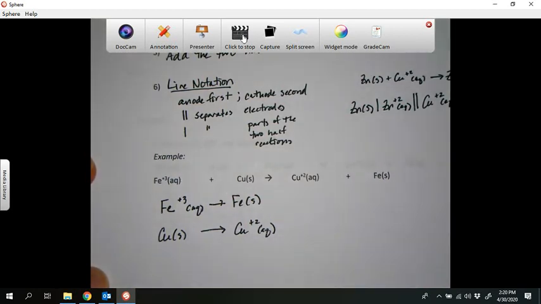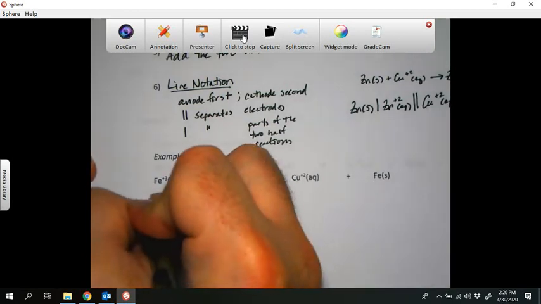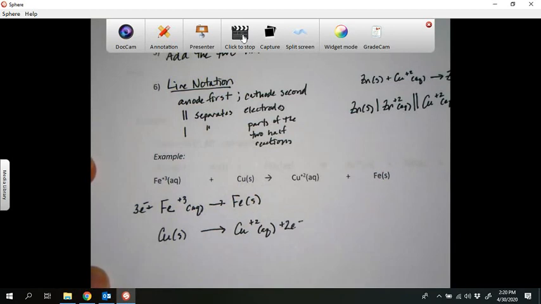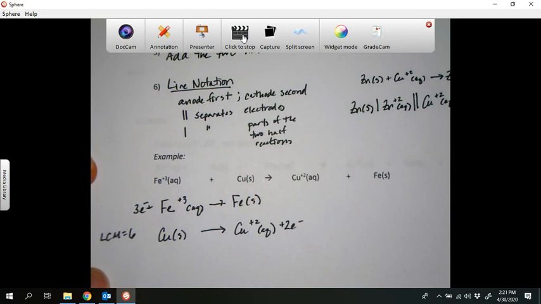Now I'm going to balance it for electrons. Our first one has 3 electrons on the left, and this one has 2 on the right. Our LCM would be 6. That's really all we're going to do with this. In our next part of lesson 1, we're going to actually use that LCM.